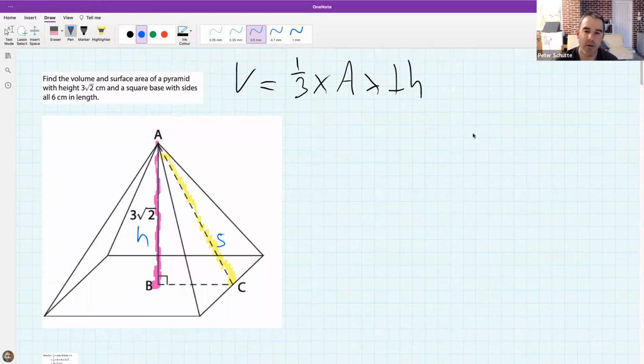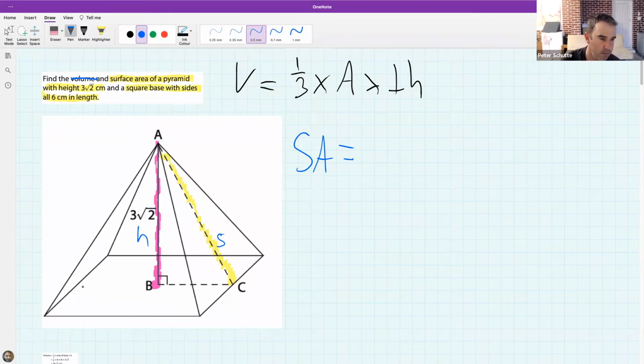Now, I want to know what the battle plan is. If I said to you, find me the surface area of this particular shape. In this question, it says find the surface area of the pyramid with height like that and a square base with sides all 6 centimeters.